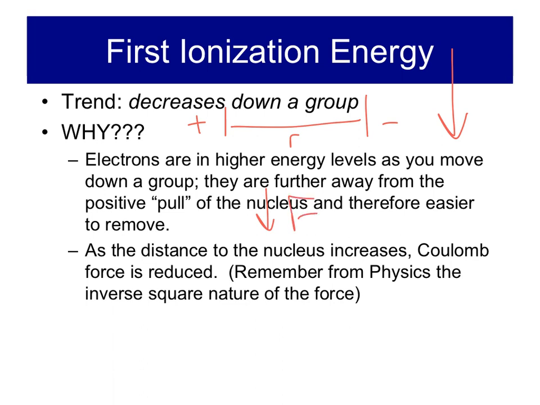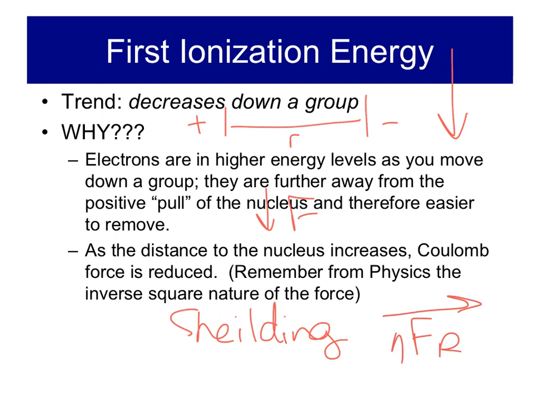Additionally, you are going to have more shielding because you will have more and more core electrons. So as you have more and more shielding, you're going to get more and more force of repulsion. So you get increased repulsion, but decreased attraction. Both of these things are going to make it easier to steal the electron. But I really need you to differentiate the force of attraction versus the force of repulsion. Those are two separate factors, distance and shielding.